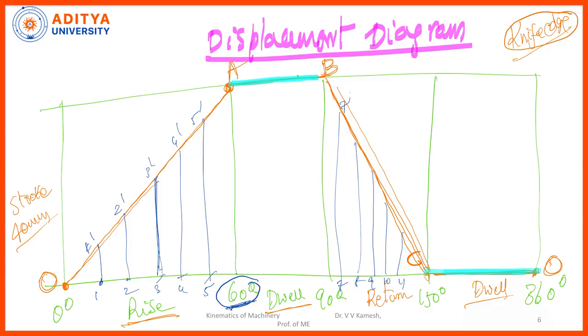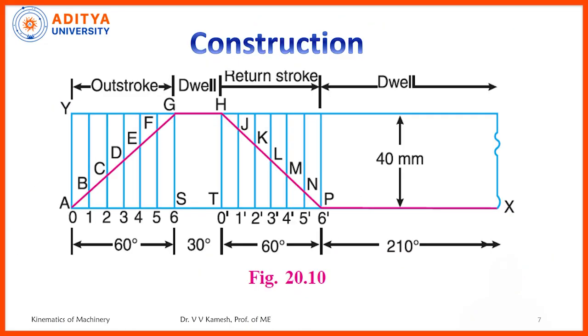So, this will be 7 dash, 8 dash, 9 dash, 10 dash, 11 dash, right. Now, you can observe the diagram. You can see here 60 degrees it is the rise, 30 degrees dwell, 60 degrees it is the return, the remaining 210 it is dwell again, right.